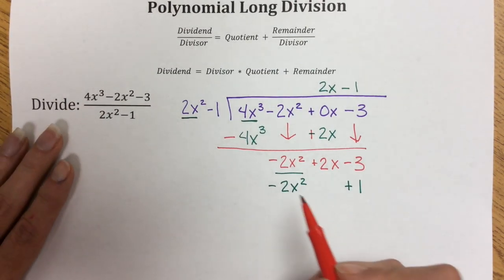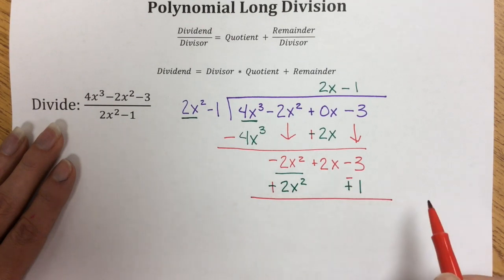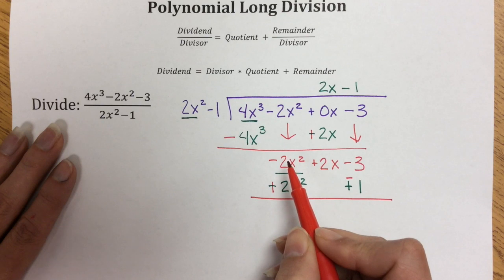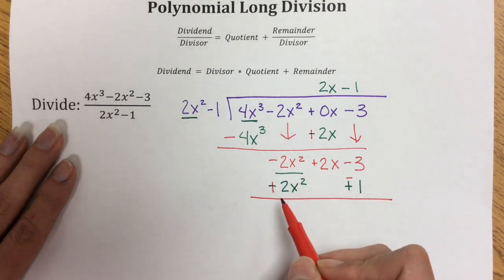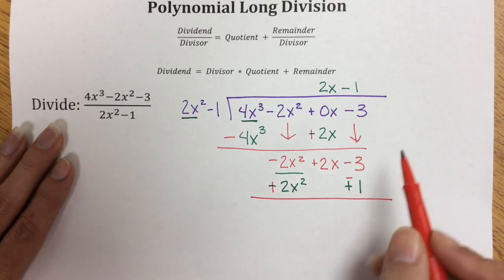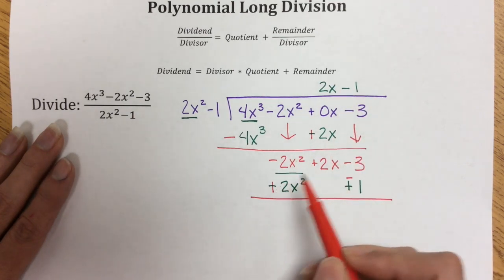Now we're going to draw our line and change our signs, and then we can add down. This should always cancel out, and if it doesn't, you have done something wrong in choosing these values. So this will cancel out.